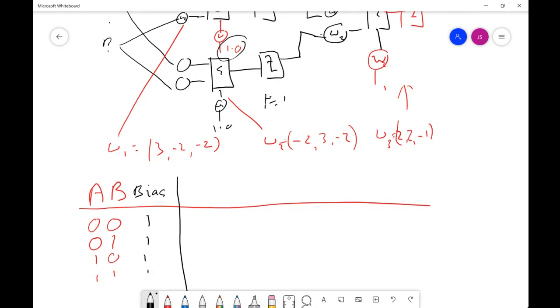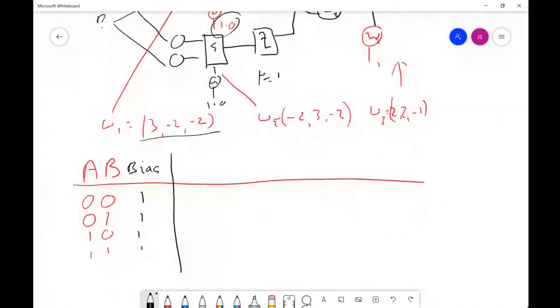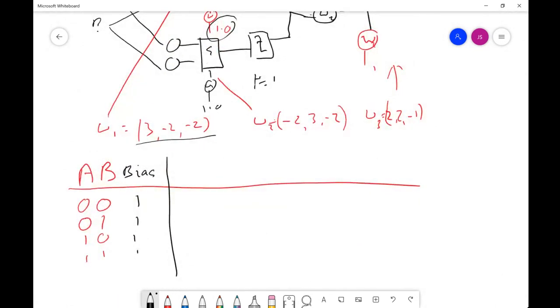So we're dealing with the first neuron at the moment. Okay, the outputs of the first neuron. So we're looking at this point here. It is going to be the scalar product of this with the inputs. And so let's call this 1. It is going to be 0 times 3, 0 times 2, minus 2, minus 1 times 2 is going to be minus 2. For the next one, it's going to be minus 4.